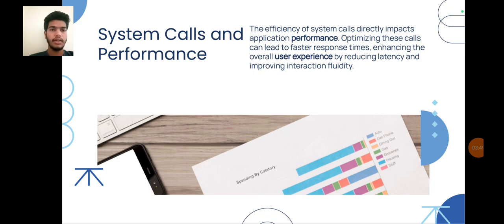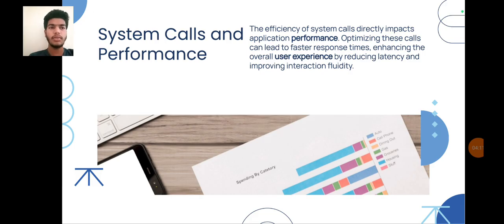So we learned about the user interface. Next we'll be moving on to system calls and performance. The efficiency of system calls directly impacts application performance. Optimizing these calls can lead to faster response times, enhancing the overall user experience by reducing latency and improving interaction fluidity.